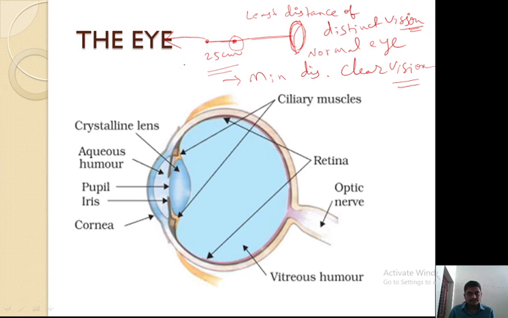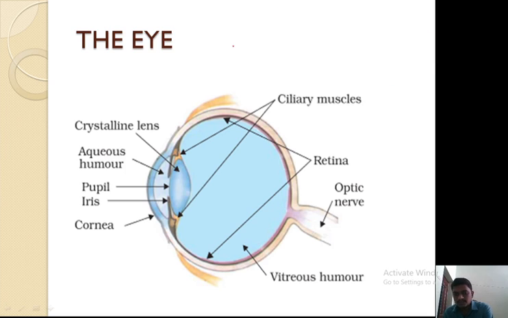This distance is also called the near point. If the object is below the near point, we cannot see it clearly and distinctly without strain. So this is about the structure and working of the human eye.